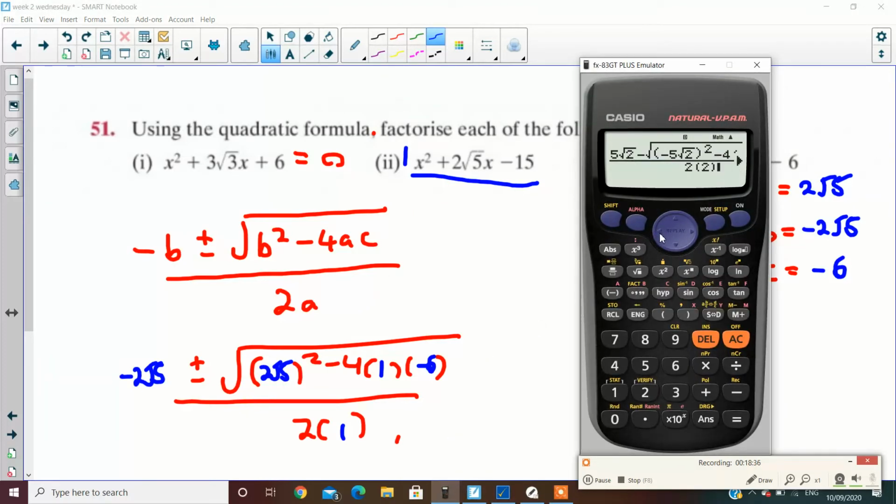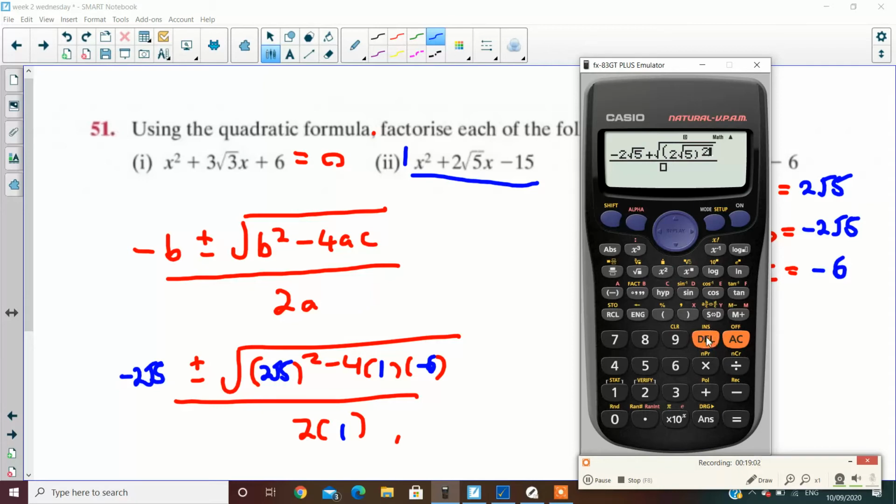I already have something similar here. Actually, I'll do it from scratch. Minus 2 root 5 plus square root 2 root 5 squared.